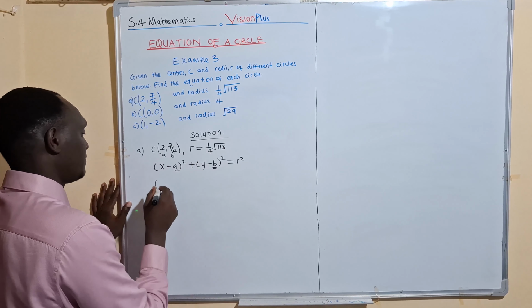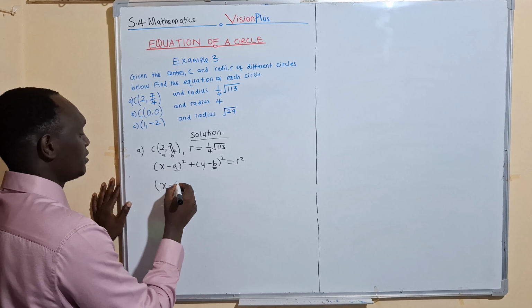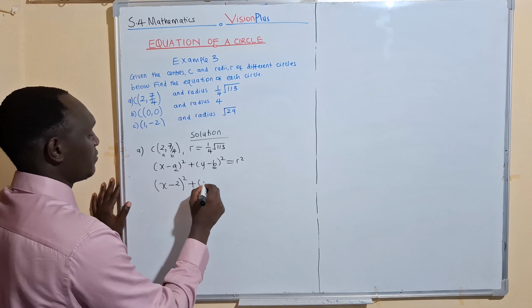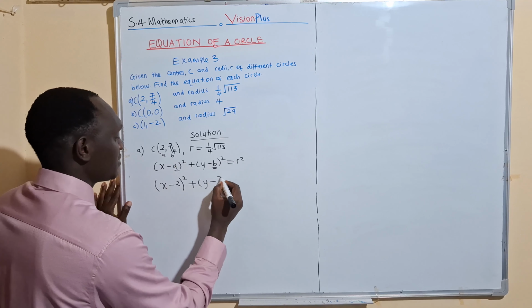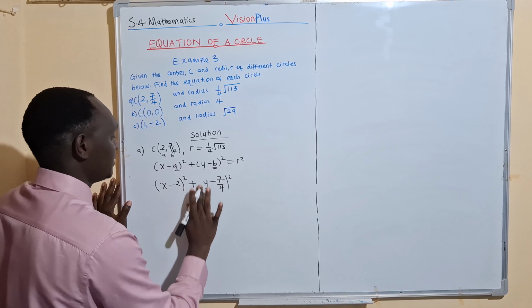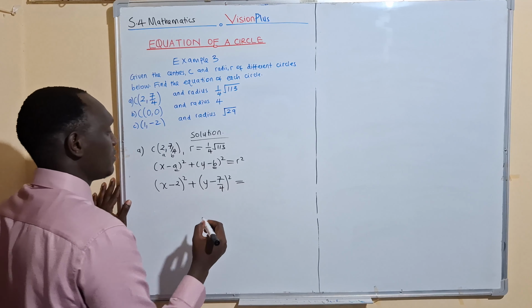This now gives us (x − a). What is a? A is 2 in the first case, close bracket squared, plus (y − b). What is b? B is simply 7/4, squared. And then this equals, what is our r?